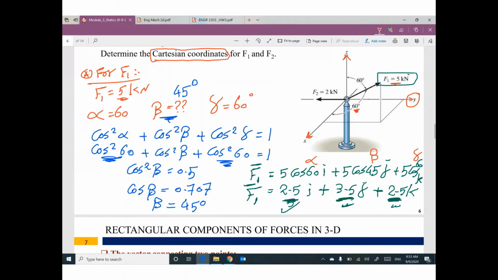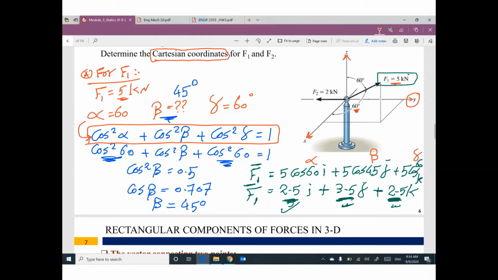At least 2 of them must be given, so I can figure out the third one using this equation. Once you have the 3 angles, I can figure out the components of the given force.